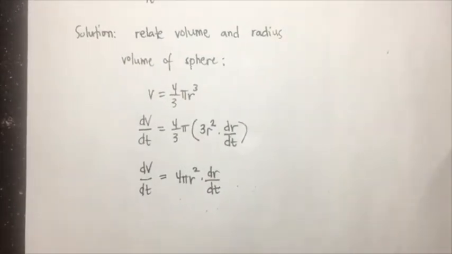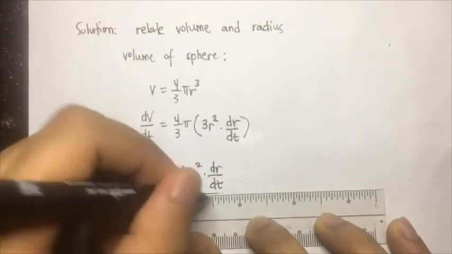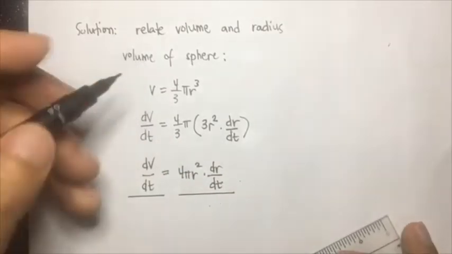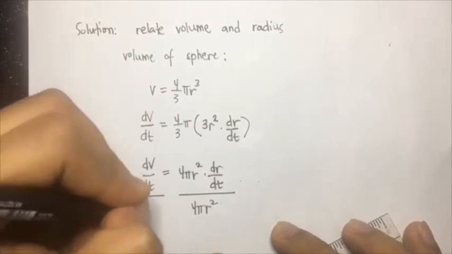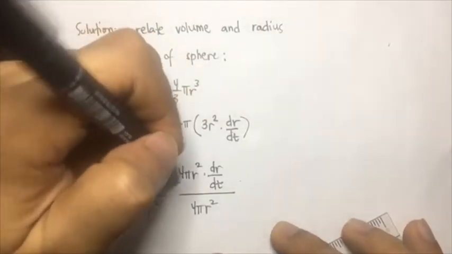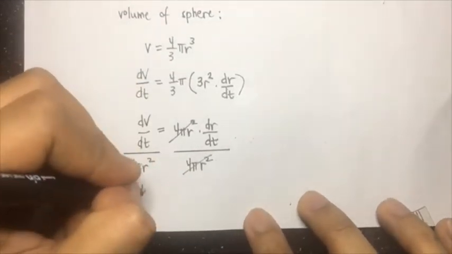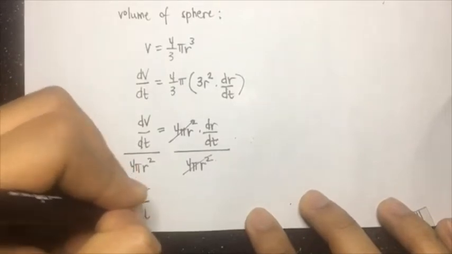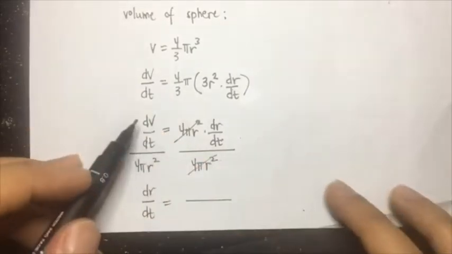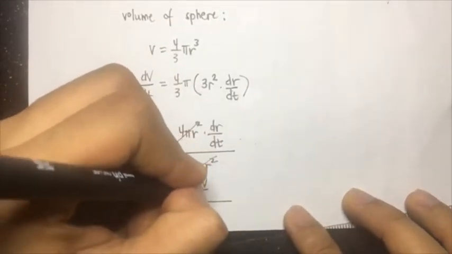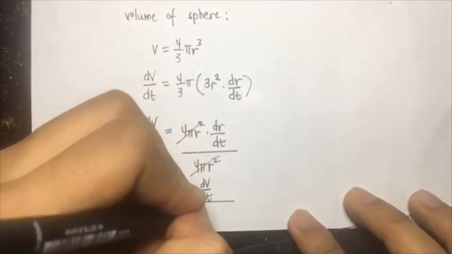Since we are solving for dr over dt, we can divide both sides of the equation by 4 pi r squared. We cancel 4 pi r squared on this side. Therefore, dr over dt is equal to dV over dt over 4 pi r squared.